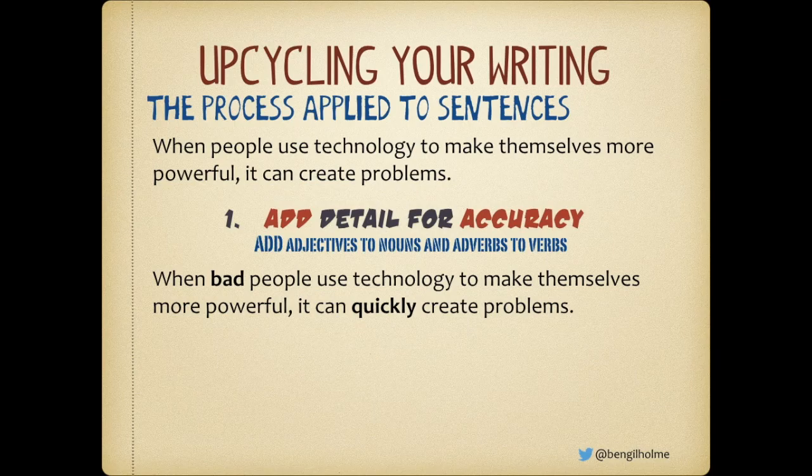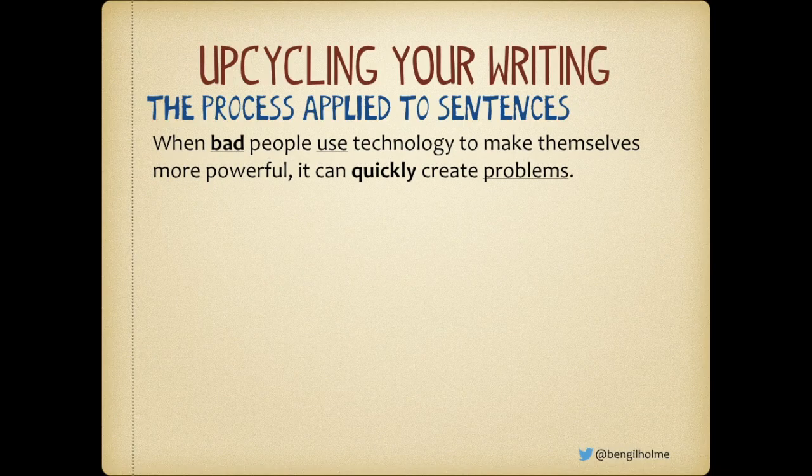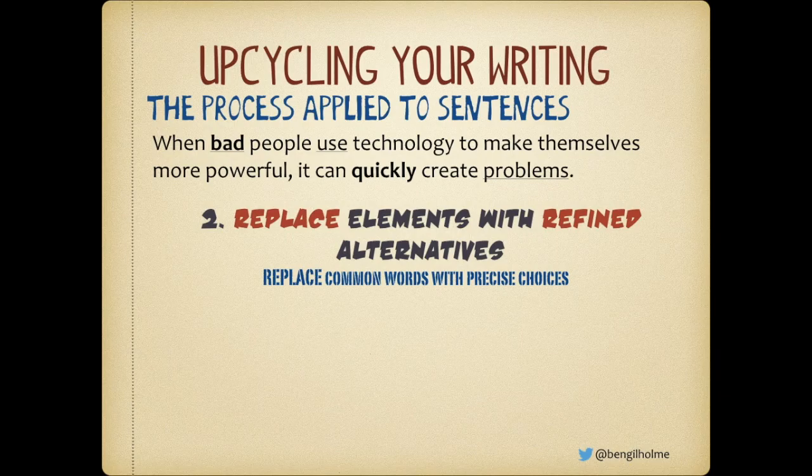So next we need to replace elements with more refined alternatives. So we're looking to replace some of those common words with more precise choices, ones that help pack more information into the sentence. And quite often the words that we select, or the ones that work best, are ones that have stronger connotations or often some kind of metaphorical association.